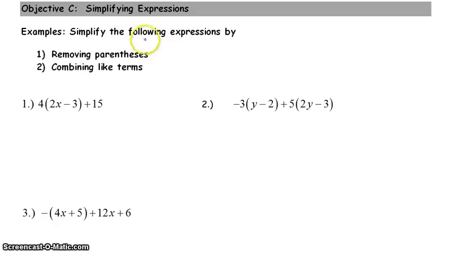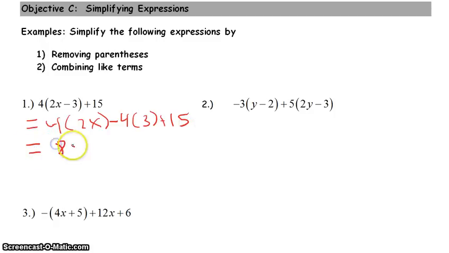Now we get started with objective C. We have our example. Simplify the following expressions by removing parentheses and combining like terms. Basically what they want us to do here is use the distributive property, then combine the like terms. So we would do 4 times 2x minus 4 times 3 plus 15. 4 times 2x is 8x minus 12, because 4 times 3 is 12, plus 15.